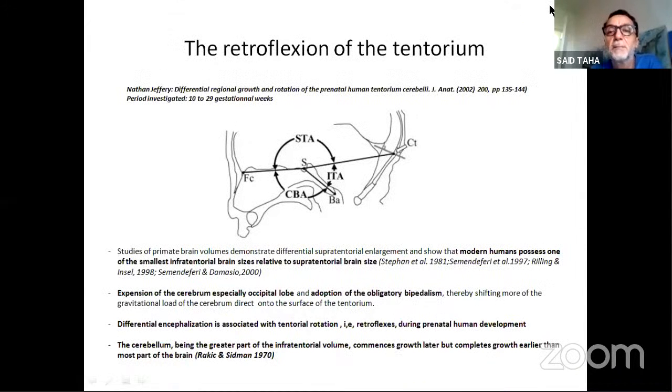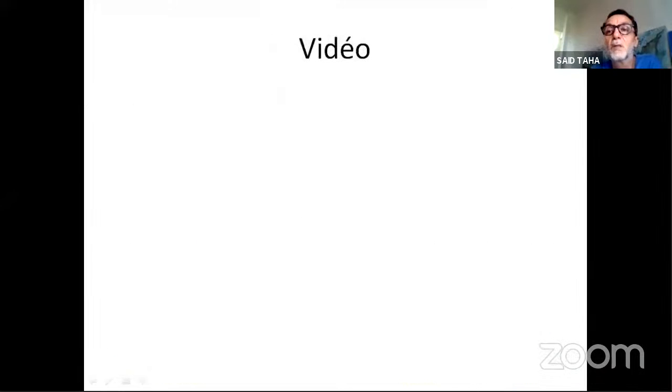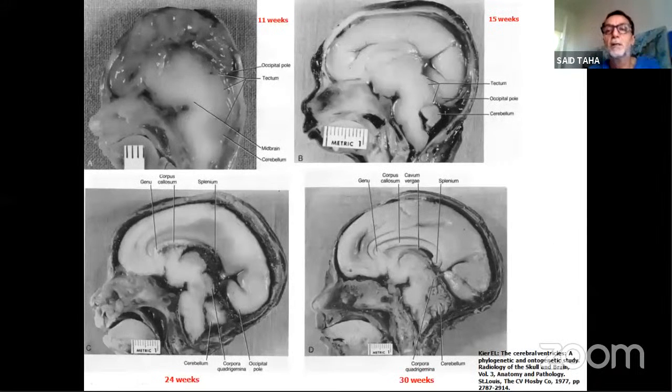Excuse me, I can't see my slide. At 15 weeks, we have a development of the occipital lobe with reduction, involution of the tectum, and finally at 30 weeks we have a definitive morphology.